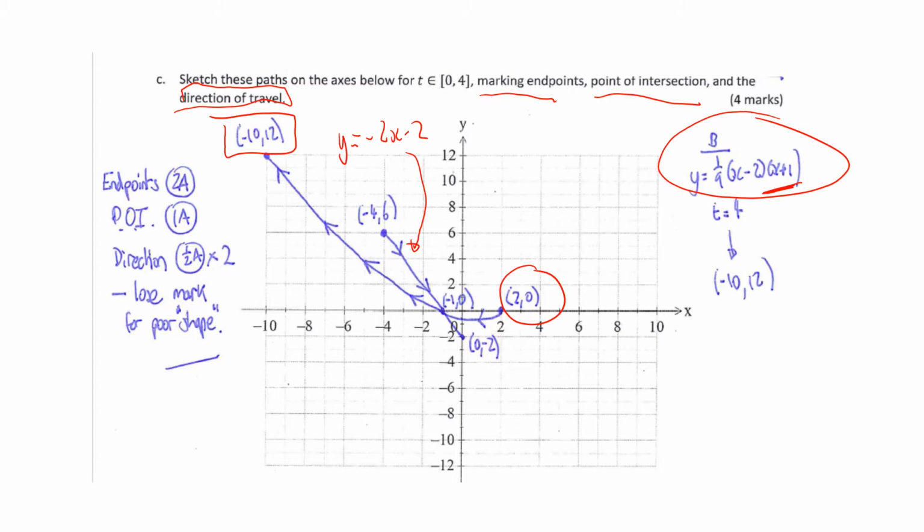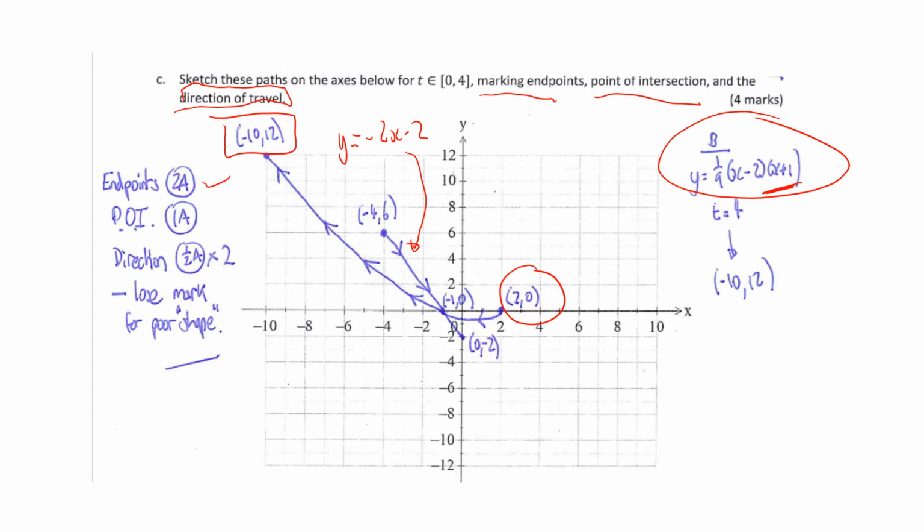The direction of travel needed to be indicated. I've got a few arrowheads along each path. Only one arrowhead would be sufficient, but that's the sort of thing you need to do to pick up your full marks. And here's the marking scheme I gave.